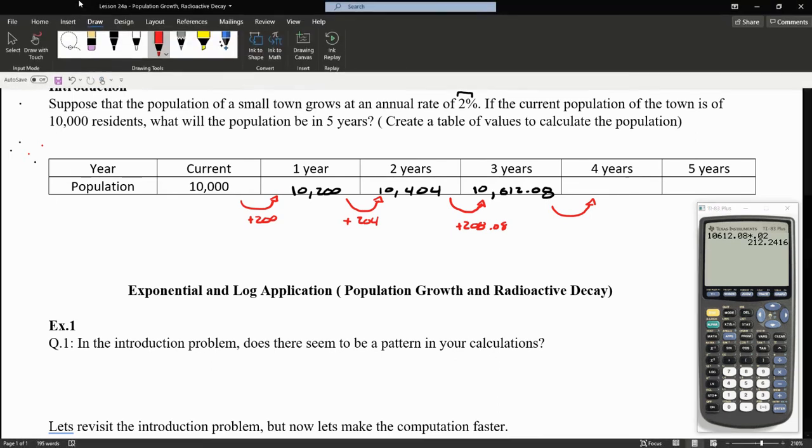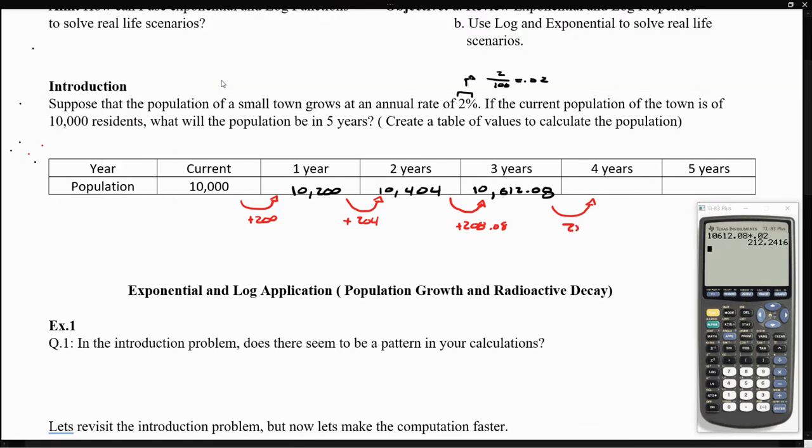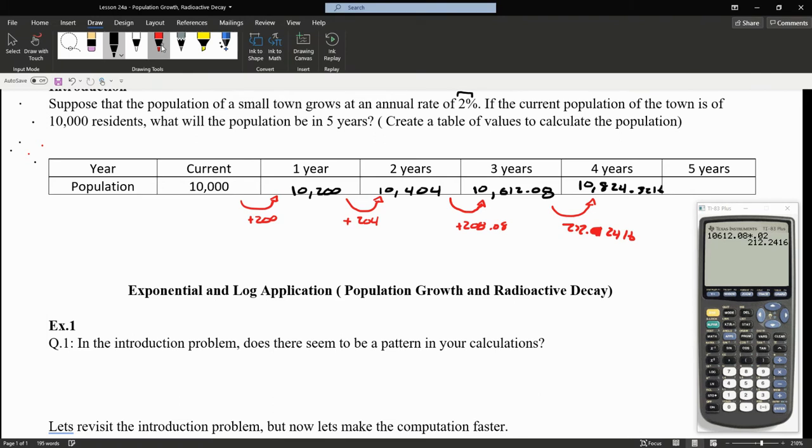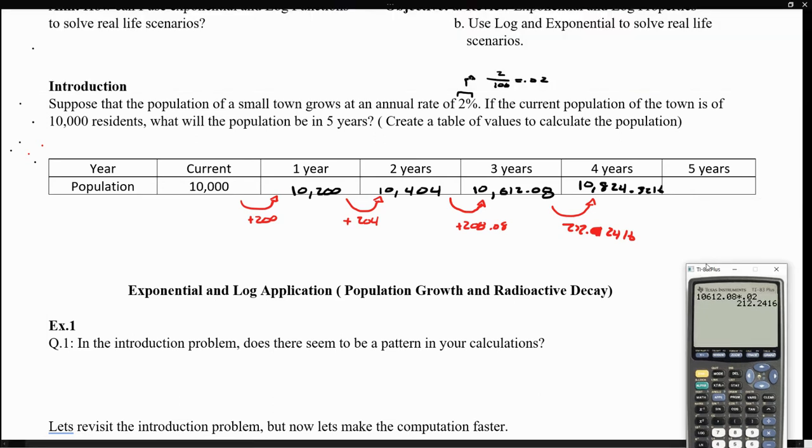Let's just write that down: 212.2416. And then if we add them up, we get a total population of 10,824.3216. I'm not going to do that on the graphing calculator anymore because it's taking too much time.